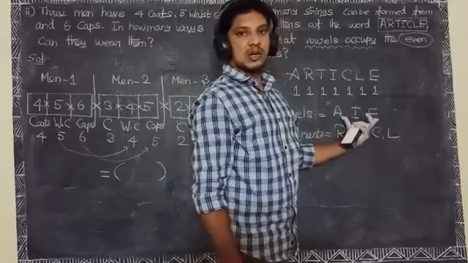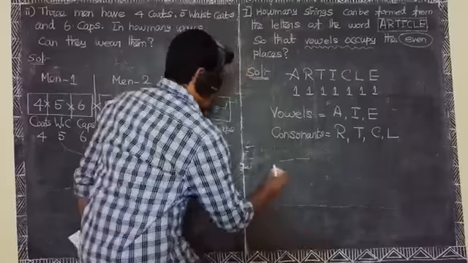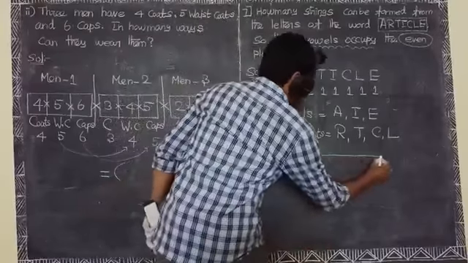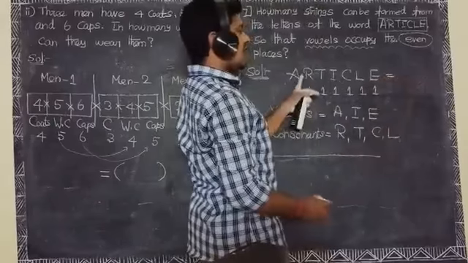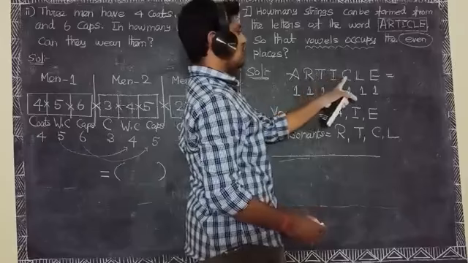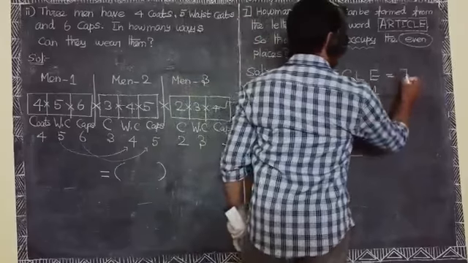Here vowels are totally 3. The total number of letters in the word ARTICLE is 1, 2, 3, 4, 5, 6, 7, that is 7.